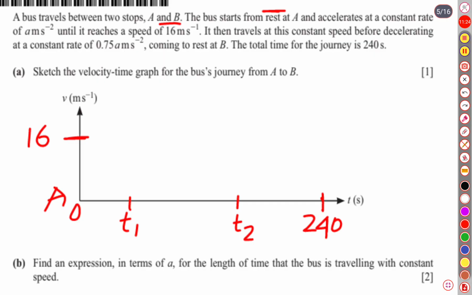So this is our first acceleration for time until the time is t1. Then constantly it continued until t2. Then the bus started decelerating at a constant rate until it reaches 0 as velocity.